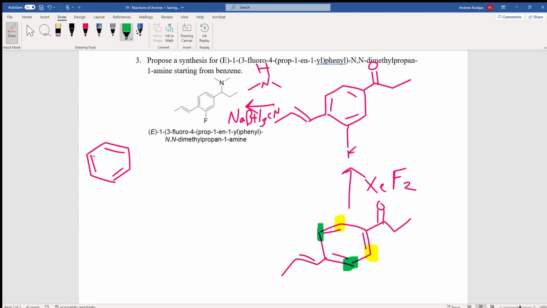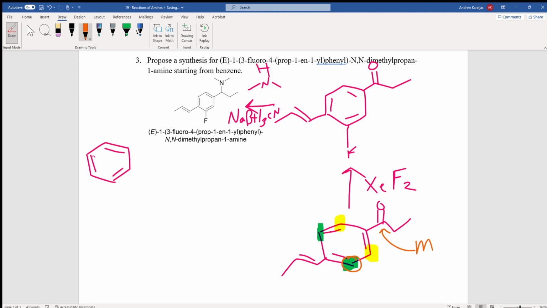So now the question is, does our substitution pattern line up? So the carbonyl, we know that this is a meta director. And so the meta position to that carbonyl is our desired carbon.